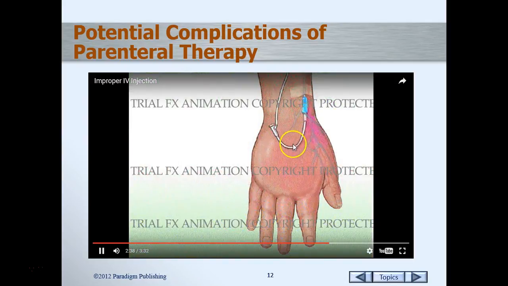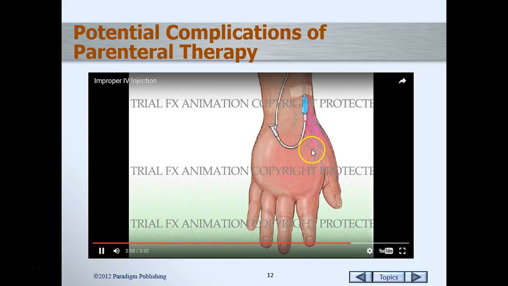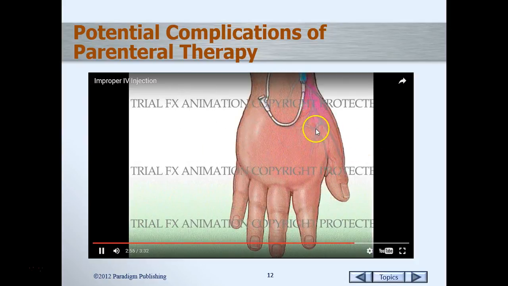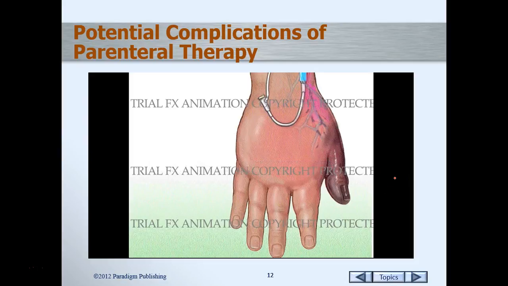That needle's not fully in the vein anymore. As that damage occurs, you start to get inflammation and swelling, causing cellulitis, and also disrupting blood flow, which can cause thrombocytes to coagulate and cause thrombosis, and block the blood vessels and constrict the blood flow, which then could potentially cause necrosis for lack of blood flow, which could necessitate an amputation.